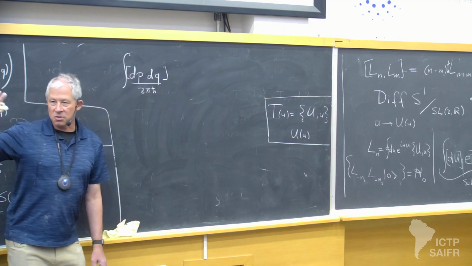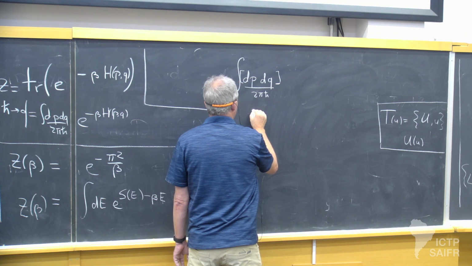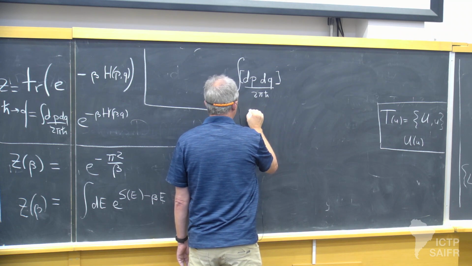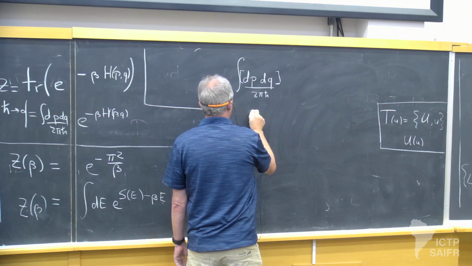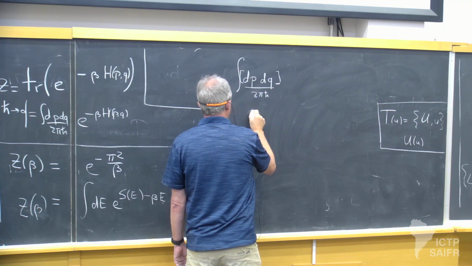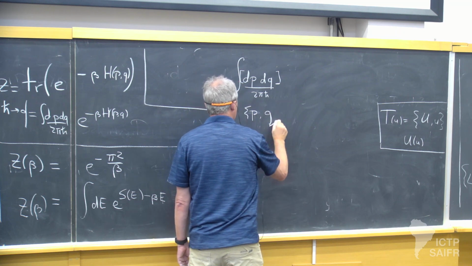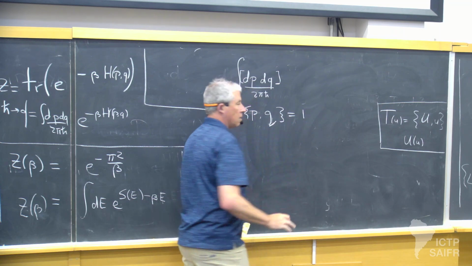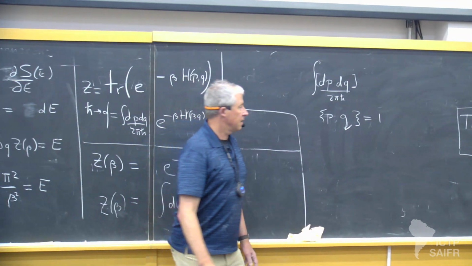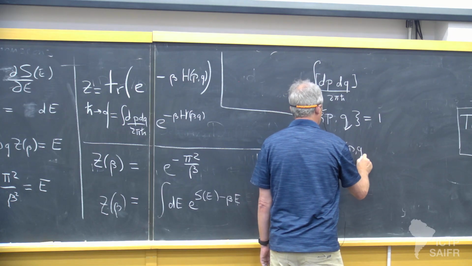Suppose I'm just going to do a little exercise. Suppose I have this Poisson bracket, and I have some Hamiltonian, h of p and q.